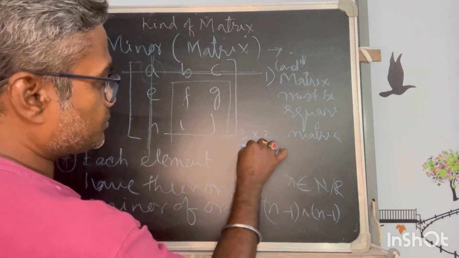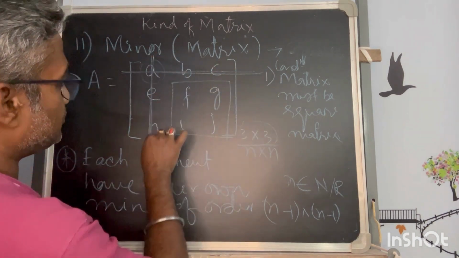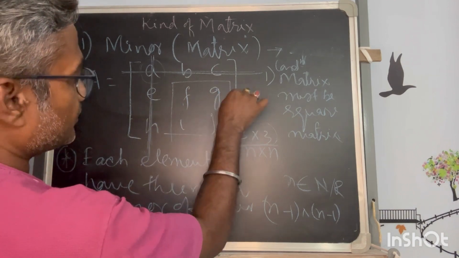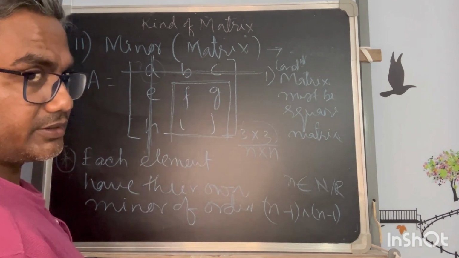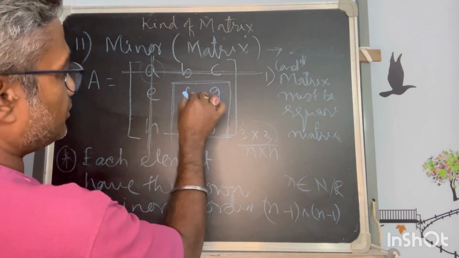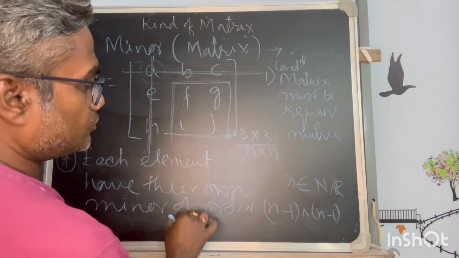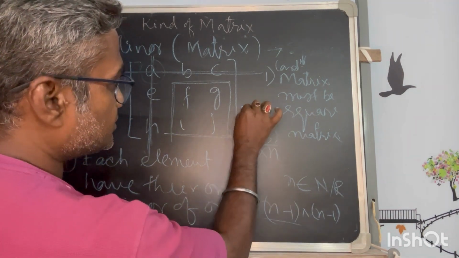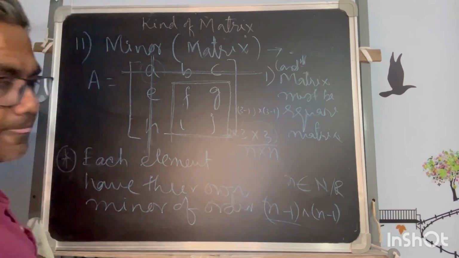If I take a specific order 3 cross 3, and if I cut down, the remaining is, if I say this is also a matrix, then yes, because it contains 2 rows and 2 columns, and this is of order 2 cross 2. So this is n minus 1, that is 3 minus 1 cross 3 minus 1 order.